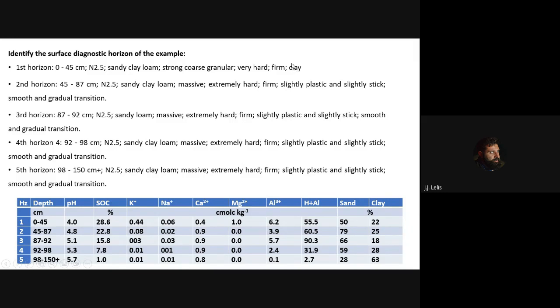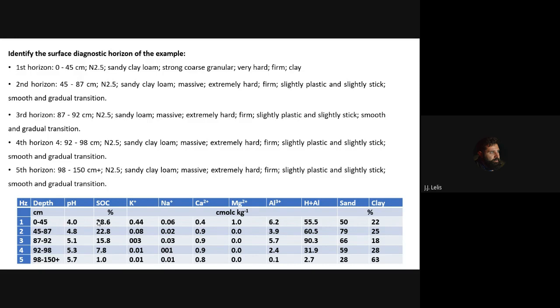So we don't have this information, but it's not important to us. I have to correct this. We don't have this word here, okay? But what we need to understand here is that this surface horizon presents an acidic pH, a low pH, and a high content of organic carbon.